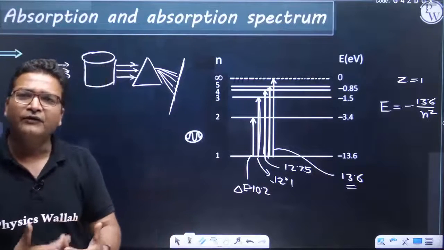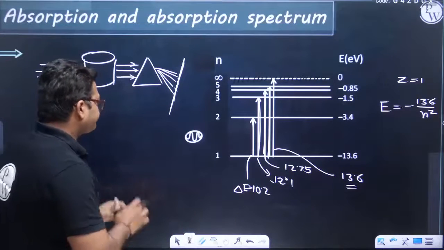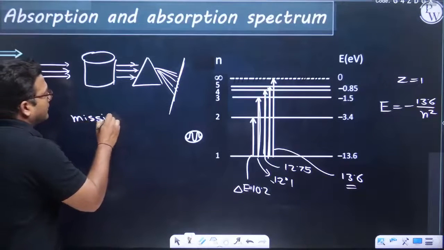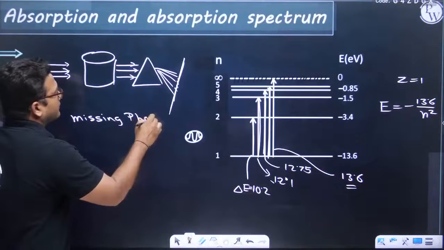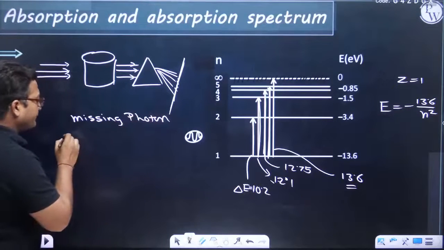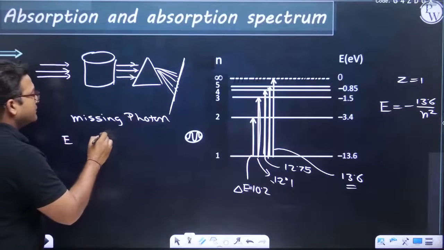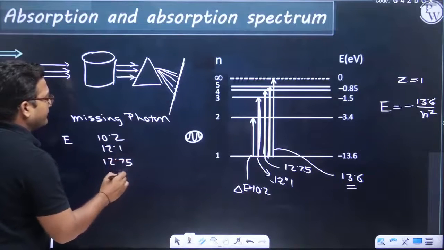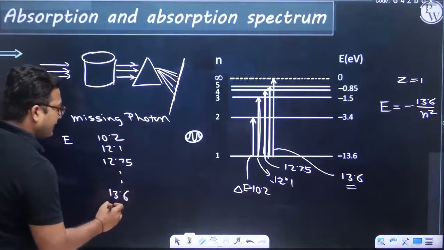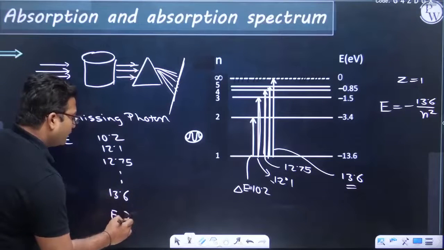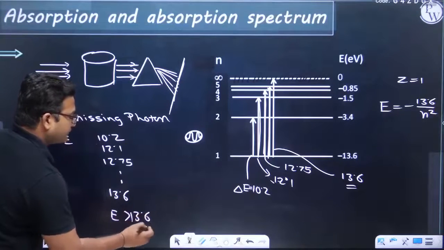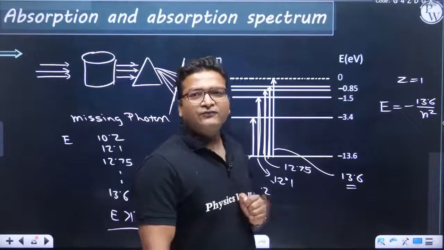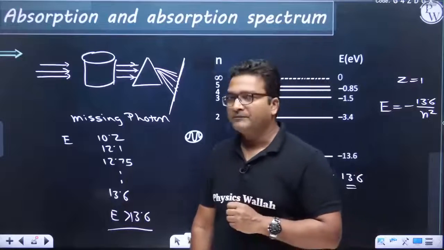It is just like the photoelectric effect. So the missing photons have energy equal to 10.2, 12.1, 12.75, 13.6 and all energies more than 13.6. These photons are absorbed and in the spectrum these photons are missing. Always remember.